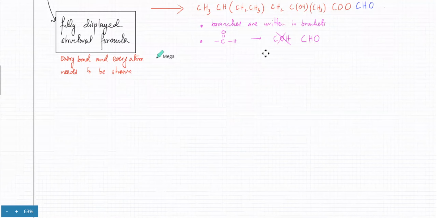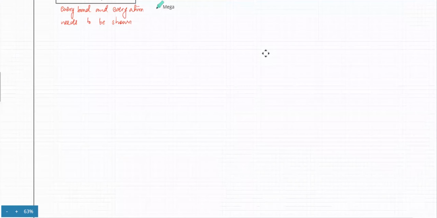And there are just a few more examples of writing condensed formulas. Let's say we have a molecule. I'm going to draw a molecule, and there's this carbon with the. Let me draw a fully displayed formula.